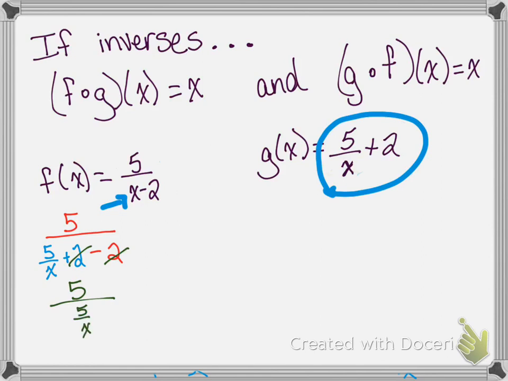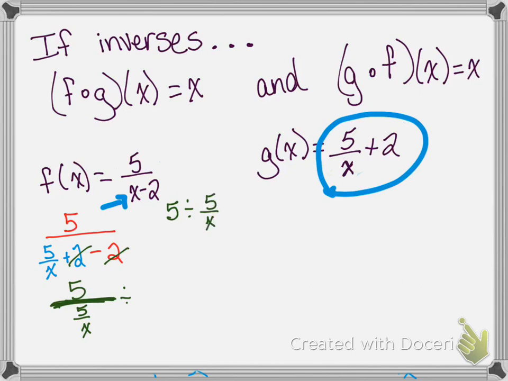This is a complex fraction, but we can make it less complex. It's not going to be too bad. What does the fraction bar mean? What operation? Division. So I can rewrite this as 5 divided by 5 over x.